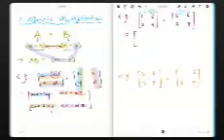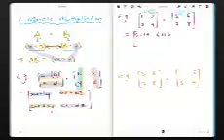So what we're going to do, we have the first row times the first column. So 1 times 5 is 5, plus 2 times 7 is 14. Then I'm going to do my first row and my second column. So 1 times 6 is 6, plus 2 times 8 is 16.